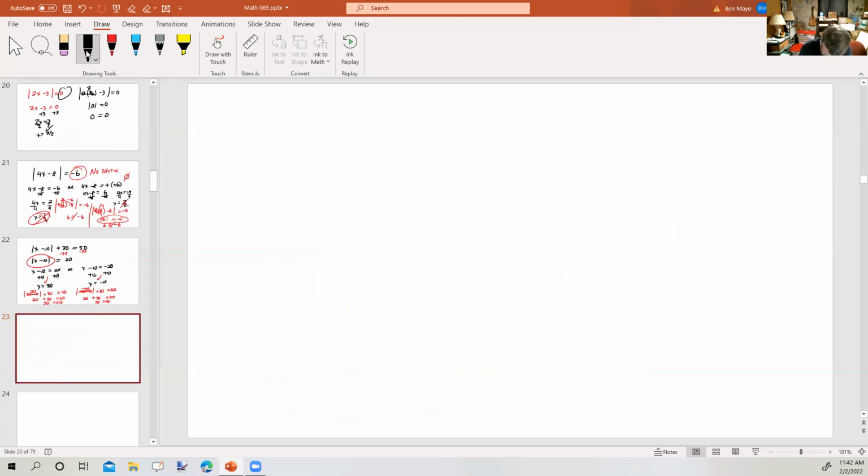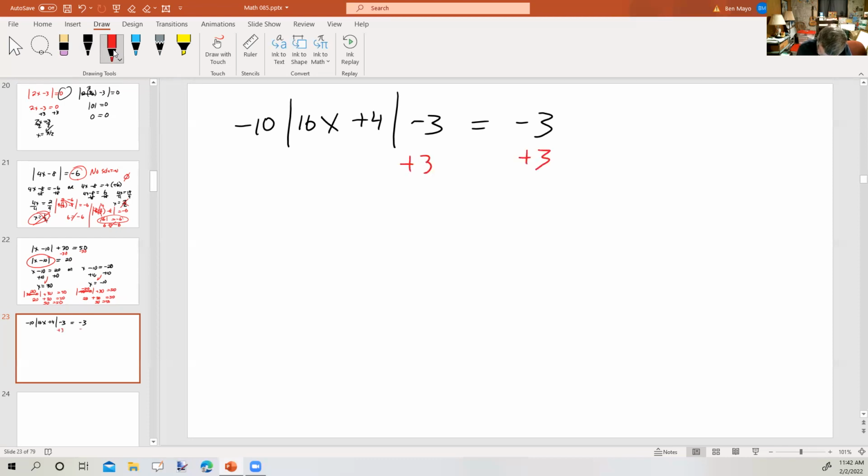Okay, what about this situation? We've got negative 10 times the absolute value of 16x plus 4 minus 3 equals negative 3. So again, I need to isolate the absolute value expression. So my first move is to add 3 to both sides.